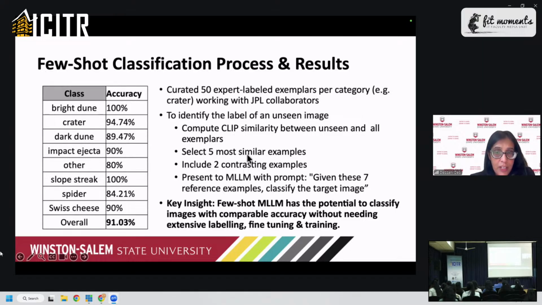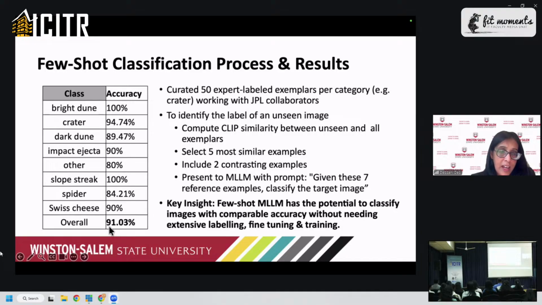Then those 7 images are presented as a few-shot labeled prompt to the LLM system, with a prompt something like, given these 7 reference examples, now classify this unseen image. So these are the results that we received after doing the few-shot classification prompting with the methodology that I described here.